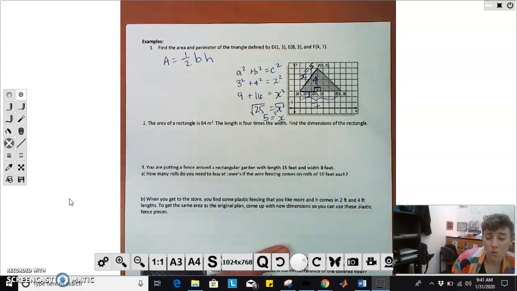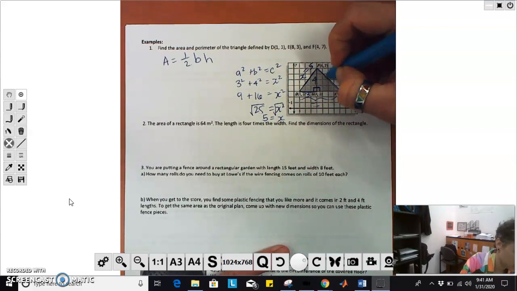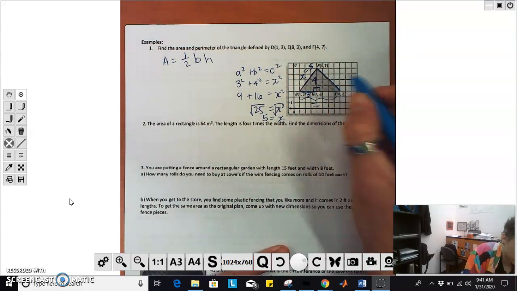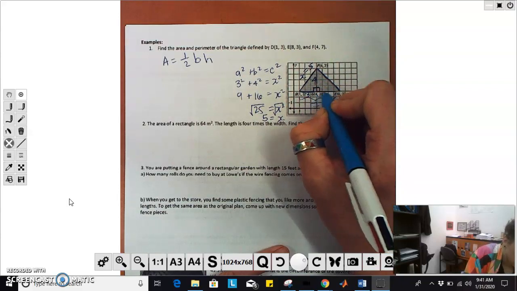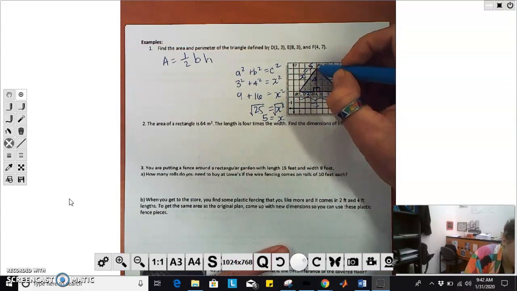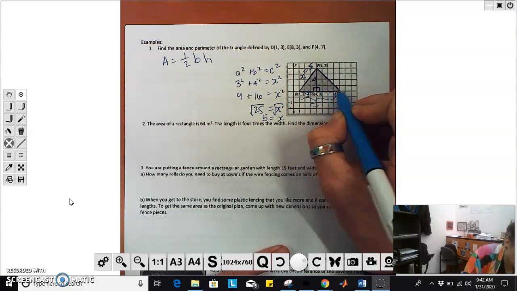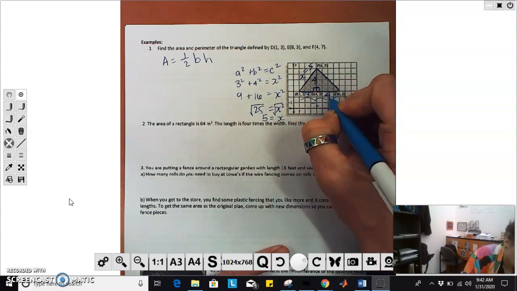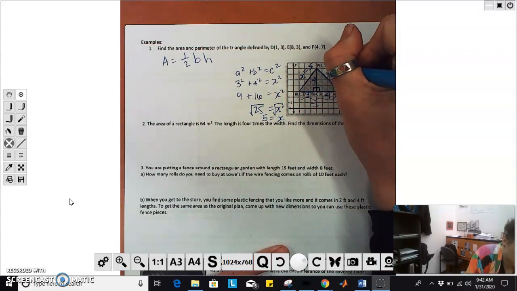We're going to have to do that one more time to find this side length so we can add all the sides up to find the perimeter. So you're going to do this one. We know that side of this triangle on the right is 4. We know the bottom is also 4. So you're going to do 4 squared plus 4 squared equals this side that you don't know.